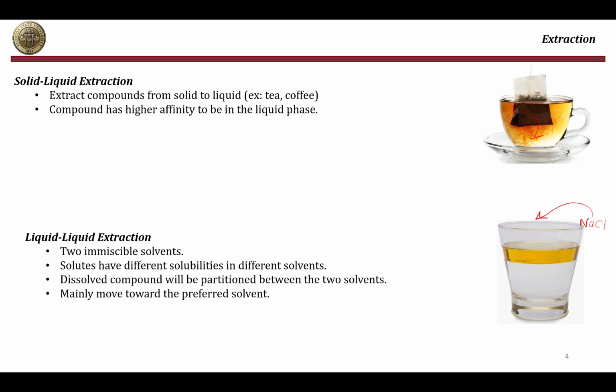So after adding sodium chloride, it will prefer to stay in the aqueous layer, and the amount which stays in the organic layer will be very small. Why? Because sodium chloride has high affinity for the aqueous layer over the organic layer, and this is how a liquid-liquid extraction works.